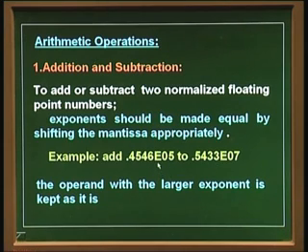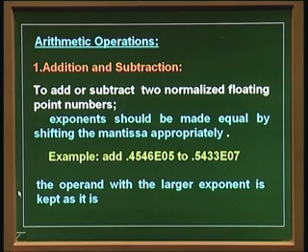We keep the number with the larger exponent as it is, and we shift the other and make its exponent 7. That means we have to pad it with zeros, so it is 0.0045 46 times 10 to the power of 7, and then we add.